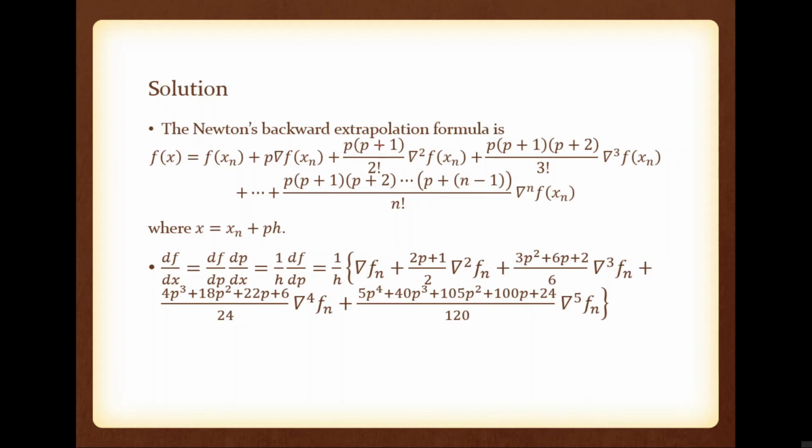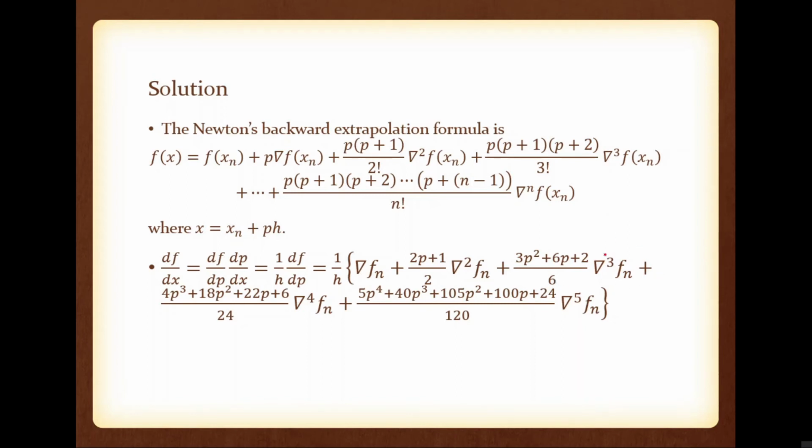Now this is p square plus p divided by 2. Its differentiation is 2p plus 1 divided by 2, so that is written here into del square fn, plus this is p cube plus 3p square plus 2p. So its differentiation is 3p square plus 6p plus 2 divided by 6 into del cube fn.